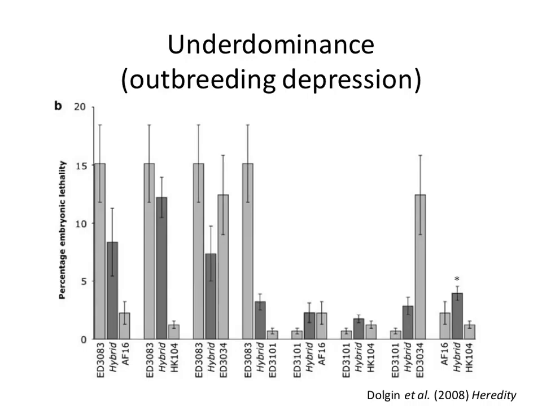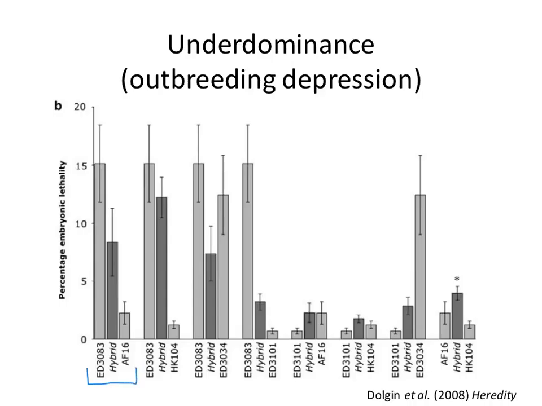This is an example from the species that I work with, a publication from almost a decade ago now, 2008. What these authors did was they took populations of this species, C. briggsae, the nematode, from different parts of the world, and they mated them together and they measured the fitness of the offspring. So every one of these groups of columns represents one cross.